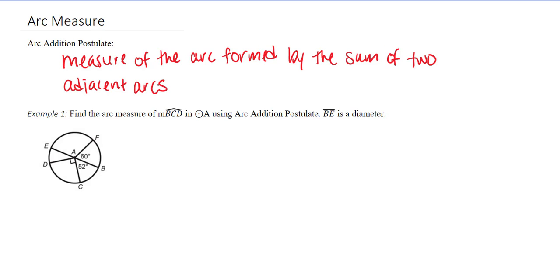So essentially, two smaller arcs that are right next to each other make up a larger arc, right? That would be what we're looking at.